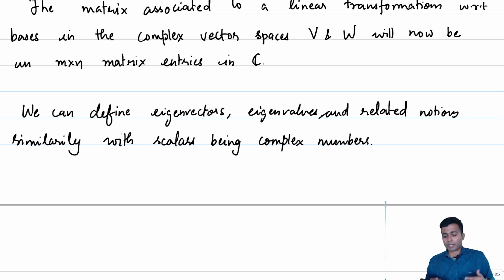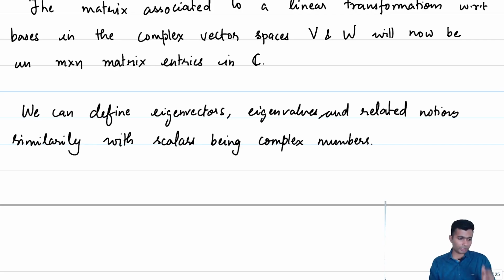Of course, considering vector spaces over C, the various properties of complex numbers and their operations do have some implications on the various properties of the linear transformation. However, we will not explore too much in that direction in this course.